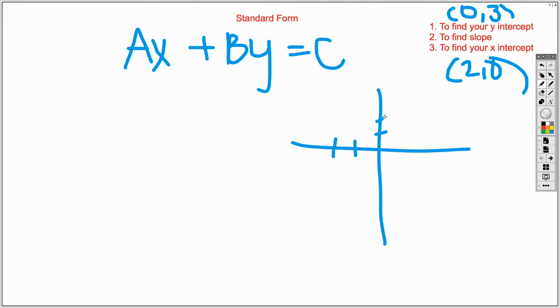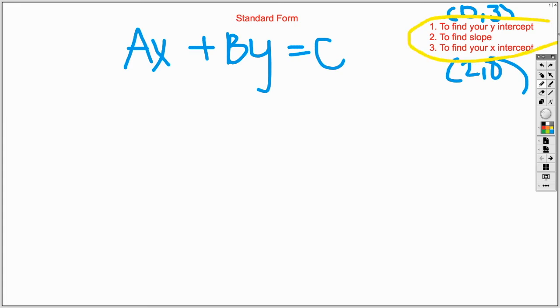Suppose our y-intercept is 3 and our x-intercept is 2, 0. So we go 2 and 0. Basically, this is your x-intercept and that's your y-intercept. That's just a little mini lesson over x-intercept. But basically, these are the targets we try to achieve through standard form.